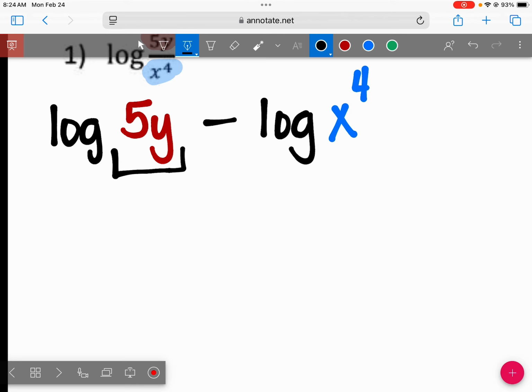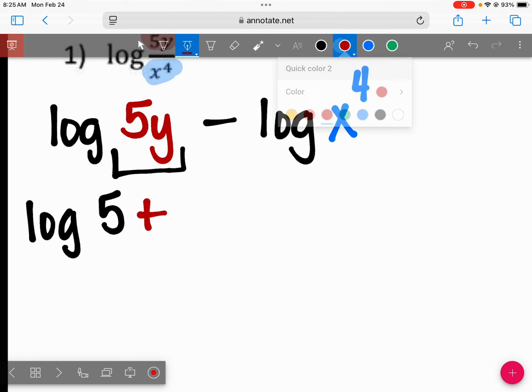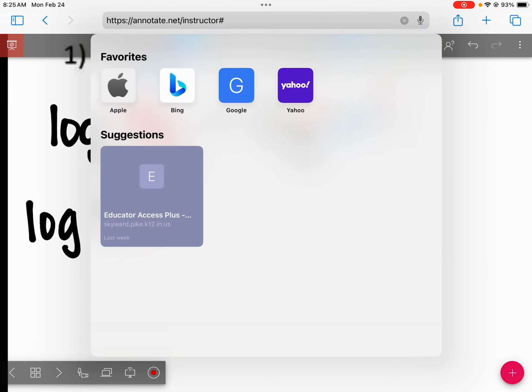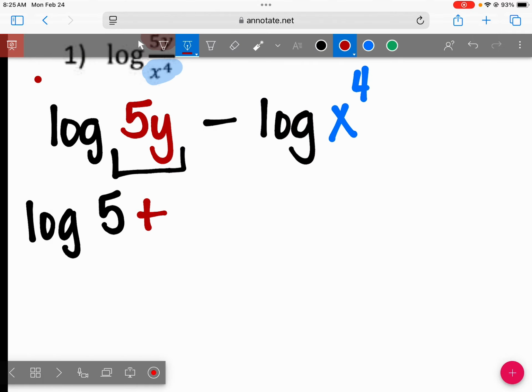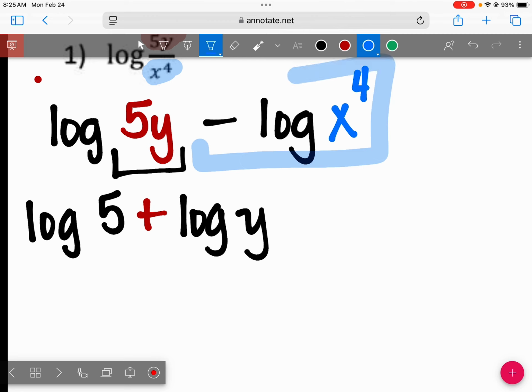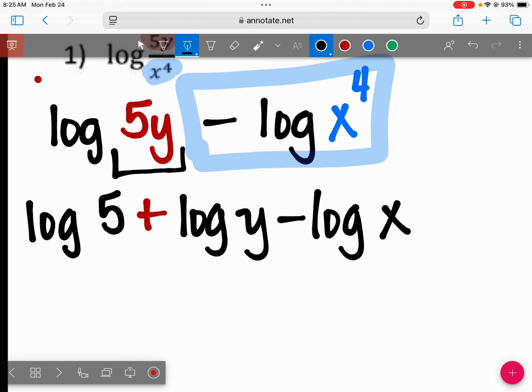So that's going to become the log of 5 plus the log of y, and then everything else I'm just going to rewrite. I'm just rewriting all of this. So then that would be minus log x to the fourth.